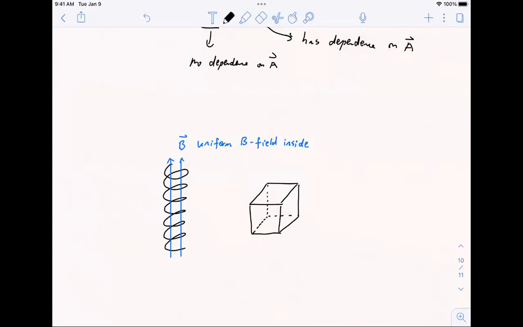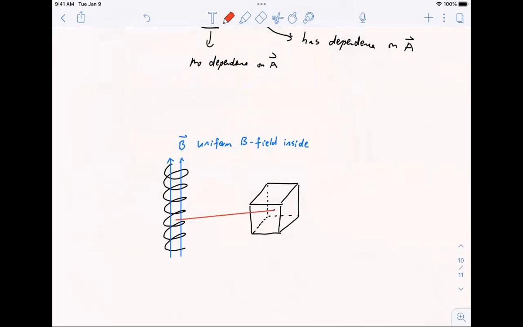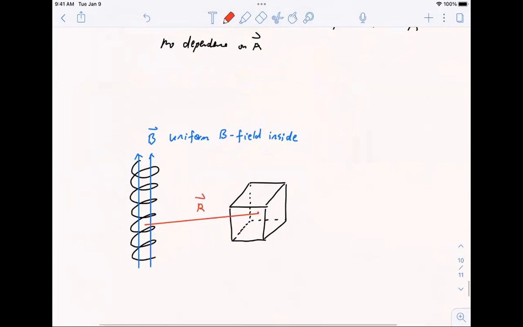You take the center of the box as R. Okay, and then this one will be R minus big R.